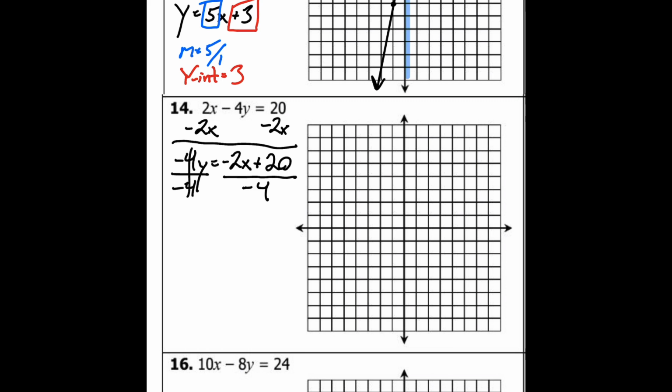The negative 4s on the left go away. I'm left with y equals negative 2 divided by negative 4. That can reduce down to a positive 1 over 2x. Positive 20 divided by negative 4 is going to be a negative 5.